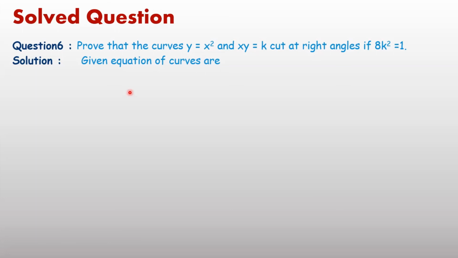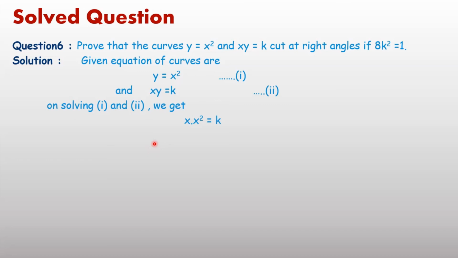First, note down the given equations of curves: y equals x square as equation first, xy equals k as equation second. Find out the intersection point of these two curves. From y equals x square, in the second equation put x times x square equals k, or x cube equals k, or x equals k power 1 upon 3.